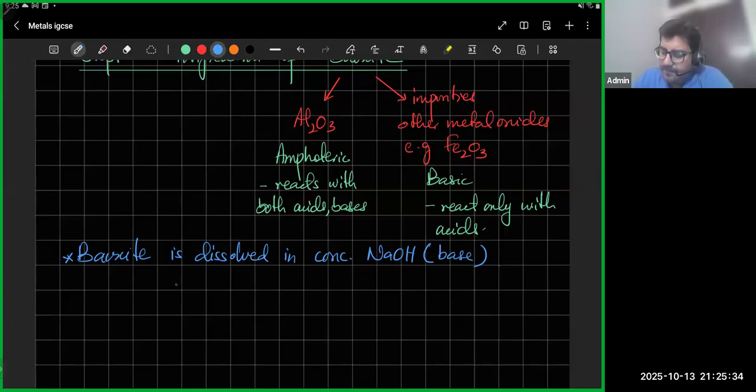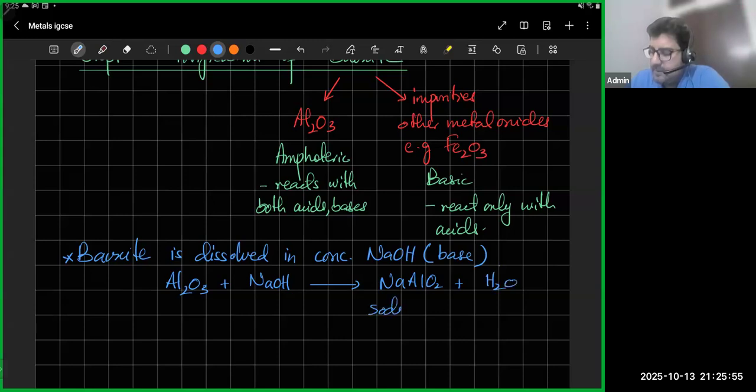So your Al2O3 reacts with NaOH because it's amphoteric, and forms a salt, NaAlO2, plus H2O. This is known as sodium aluminate. Fe2O3 and the other basic oxides don't react with NaOH because they only react with acids, so they don't have a reaction.